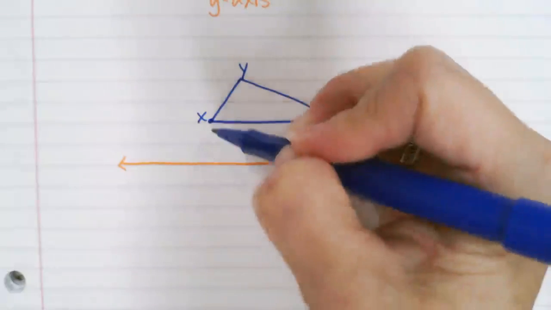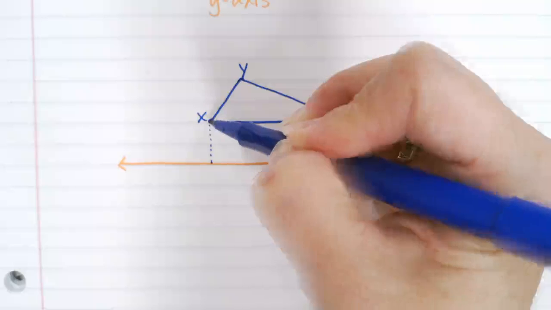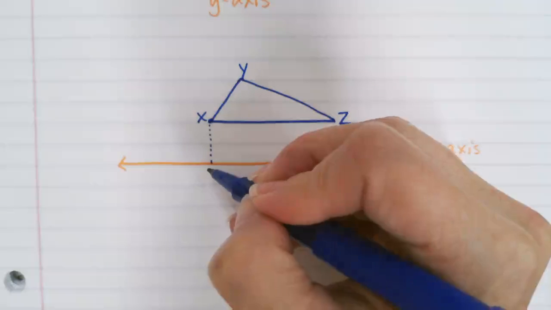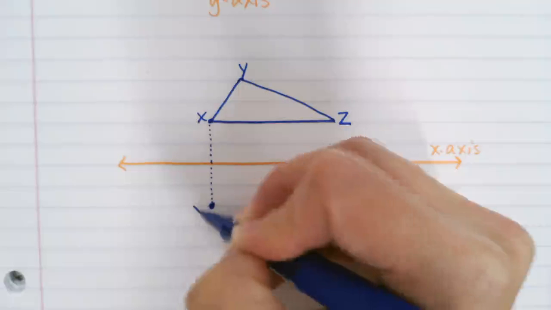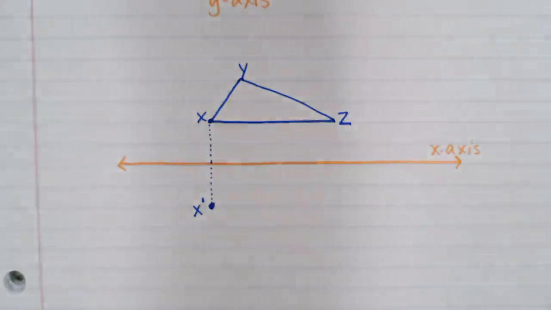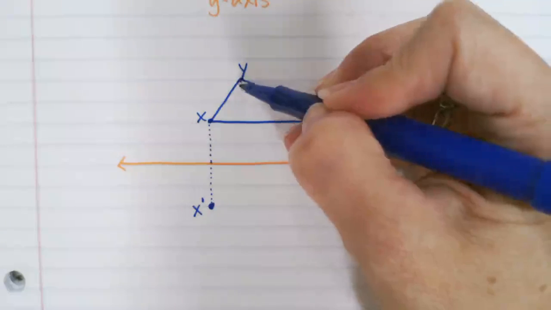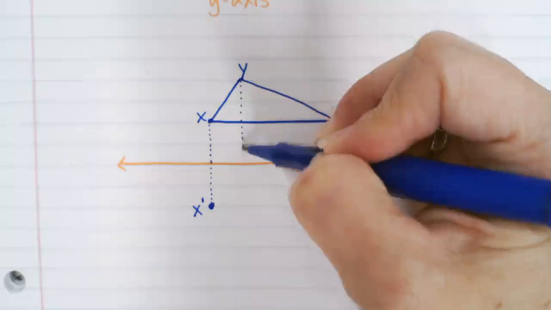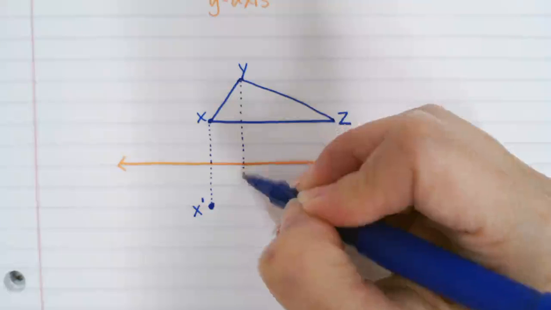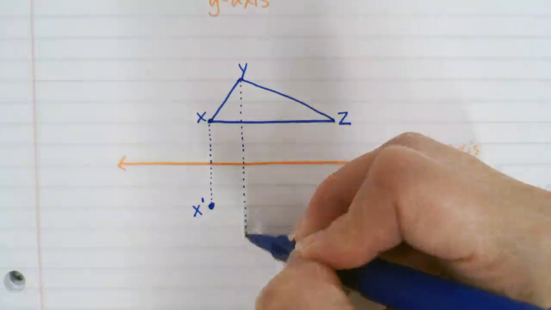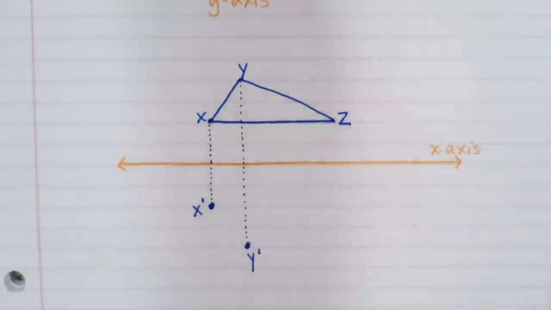All right, since X is 2 spaces above, its reflection will be 2 spaces below. All right, the next one, Y is 4 spaces above, so its reflection should be 4 spaces below.